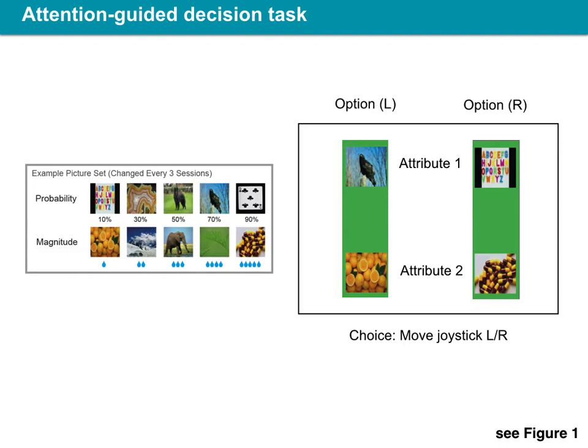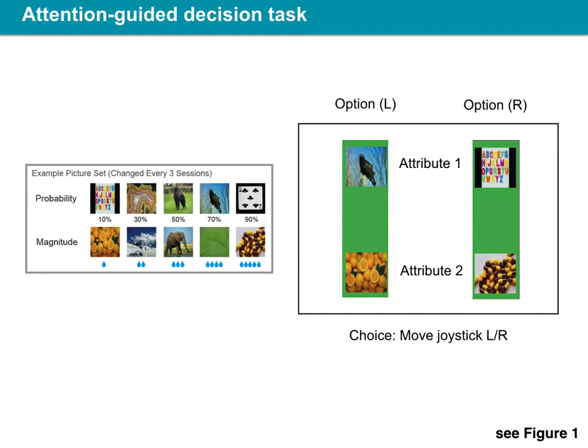But actually, there's a slight twist to that, which is it also partly depends upon how much you care about different magnitudes of reward, so how much you scale the magnitudes of reward. And so what we did when we set up the experiment was we tried to make it so that subjects would care equally about reward probability as much as they would about reward magnitude in making their decisions.